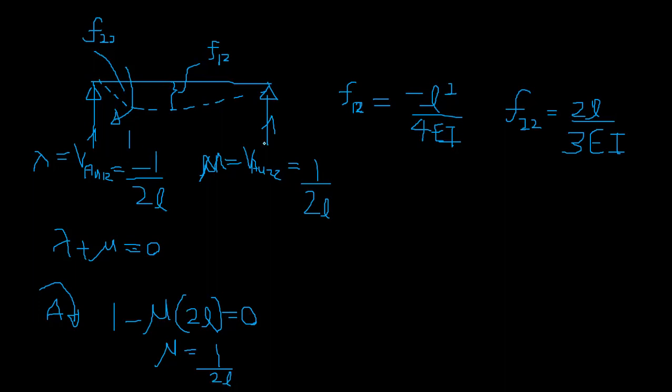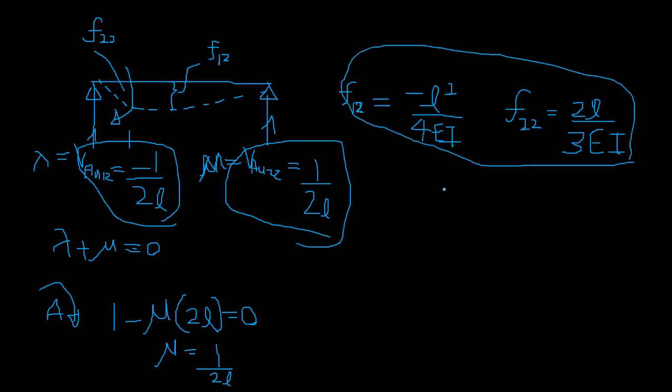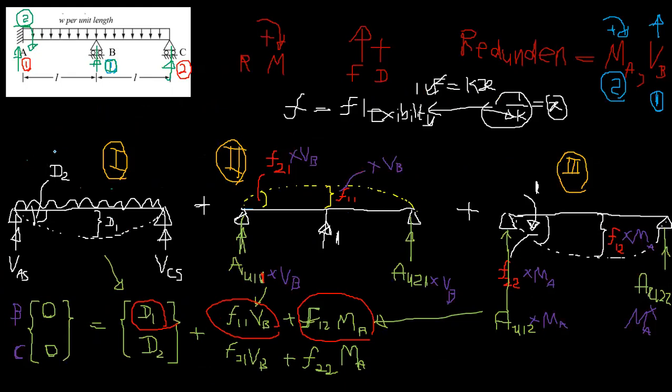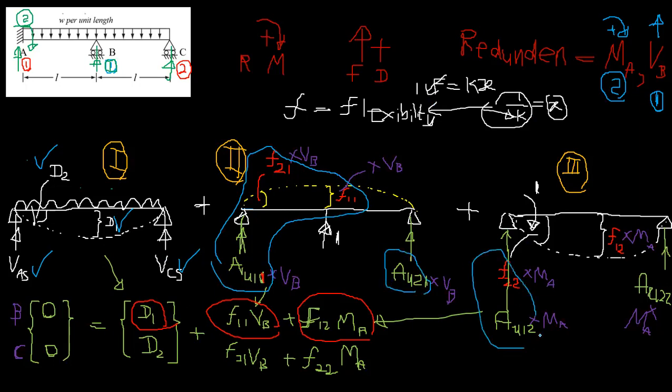In that case, you consider the actions and the displacement. So this is okay now. So your third step is done, right? So this was done. We found D2, we found these things, and these things. To take the compatibility, we need to multiply these by the original force, at the second step and third step.